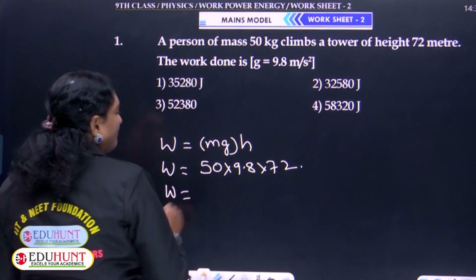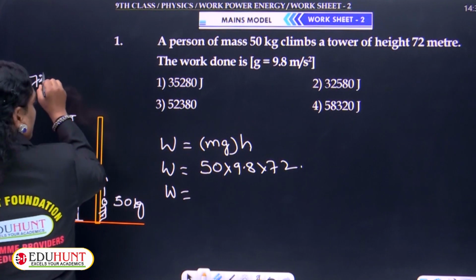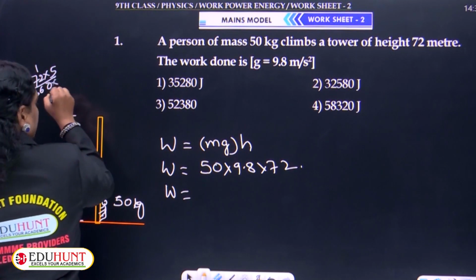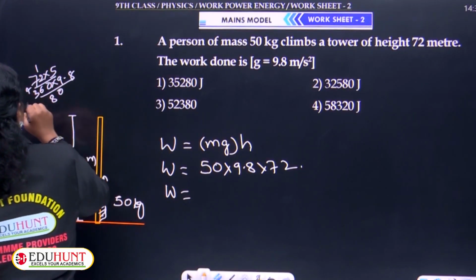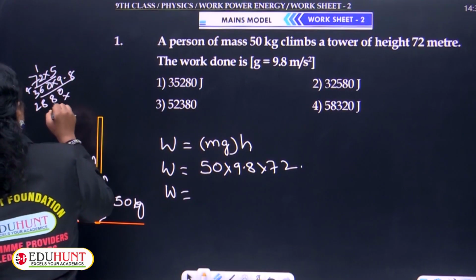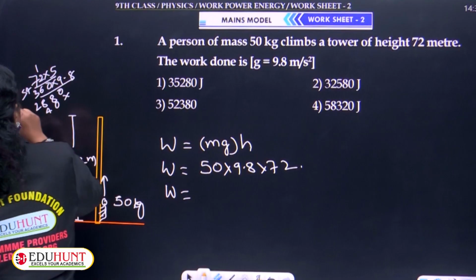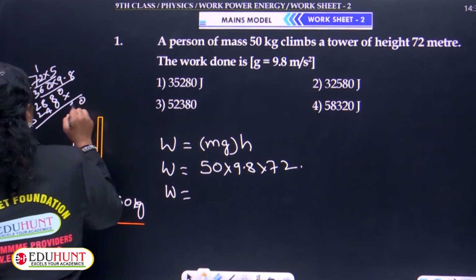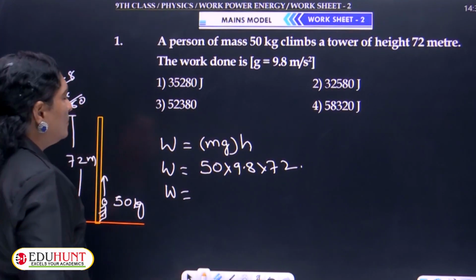So simplifying further, we get this value as 72 into 5 is 35280.